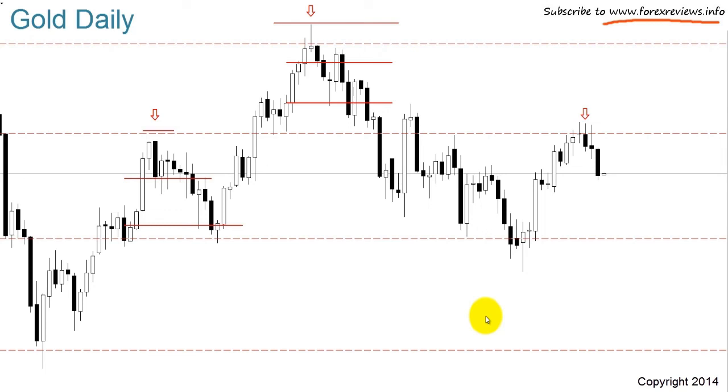The 9 pip rule for the daily is there because it's a common place where a lot of people place their stop losses, right, above the signal, or they place their stop losses below the signal. So that's the reason that it works so well and is so effective. Because when it hits their stops, the market usually keeps heading their way.